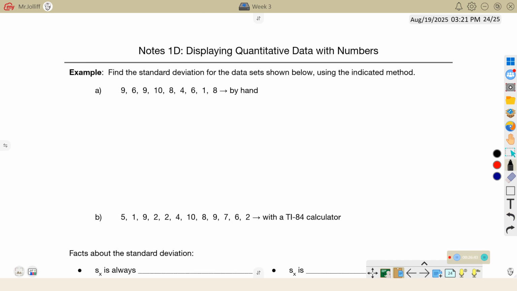All right, we're going to do one by hand, one with a calculator. By hand, we're doing exactly what I just walked you through, building a table. 3 columns: data value, data value minus the mean, data value minus the mean squared.